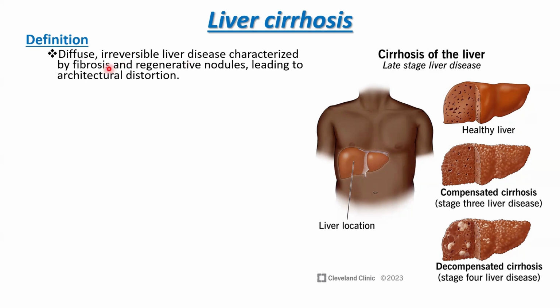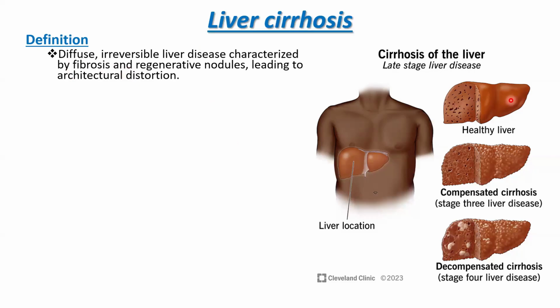So fibrosis means the liver is trying to heal, but now it's healing by deposition of scar tissue in the liver parenchyma and the regenerative nodules. Once you are depositing scar tissue into the liver, you are regenerating the nodules. That means you are damaging the liver architecture, leading to architectural distortion.